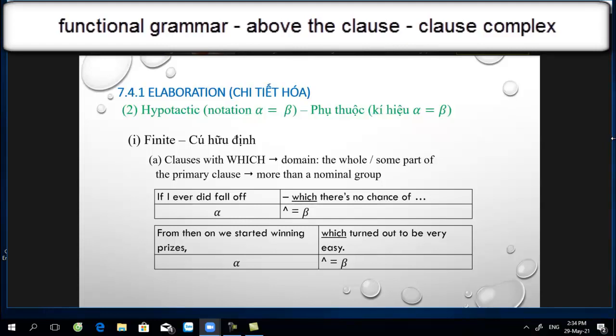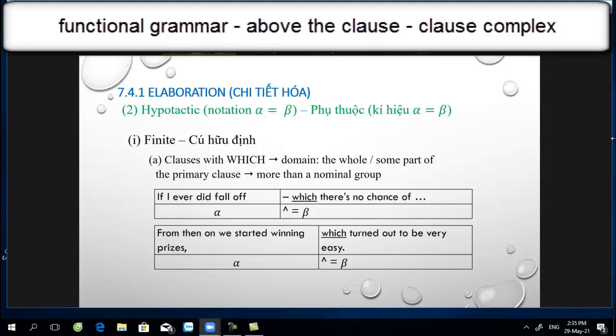If I ever did fall off. Okay, so which it modified for the whole first clause, right? Modify for the whole first clause is which, you mean? I quite don't get your idea.